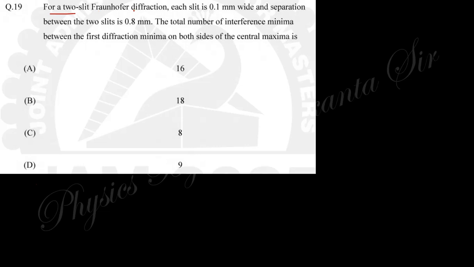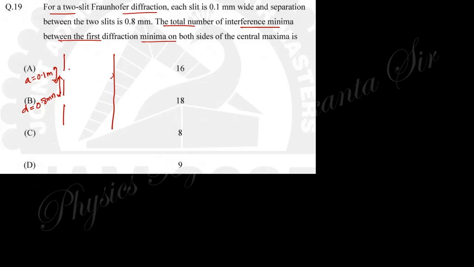For a two-slit Fraunhofer diffraction, each slit is 0.1 millimeter, so this a is 0.1 millimeter. And the separation between the two slits, that is small d, equals 0.8 millimeter. The question asks for the total number of interference minima between the first diffraction minima.